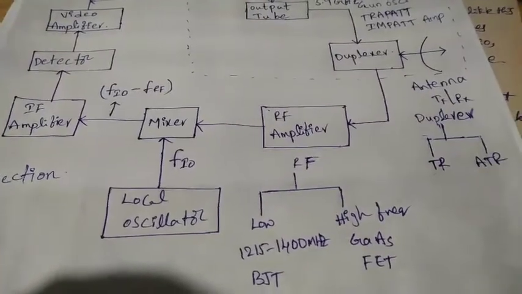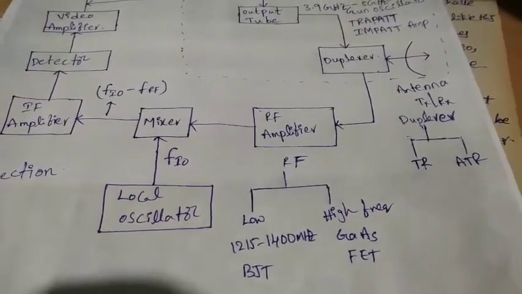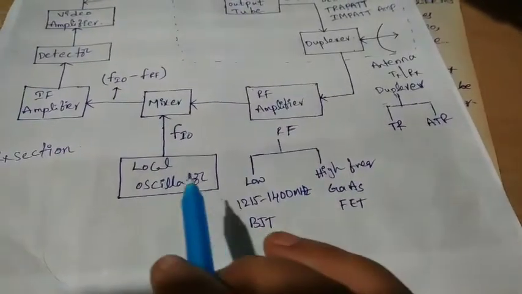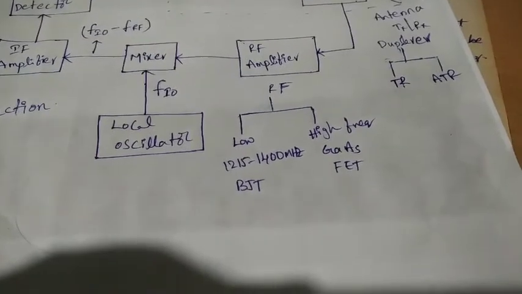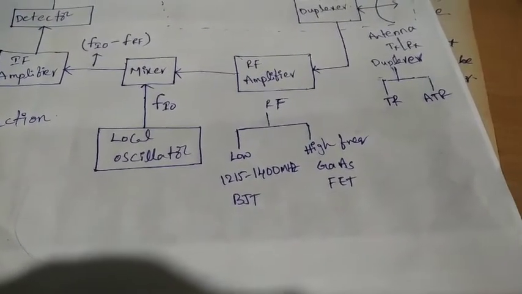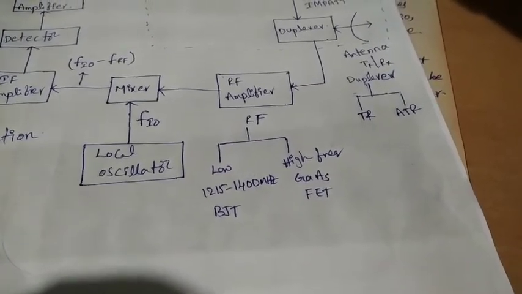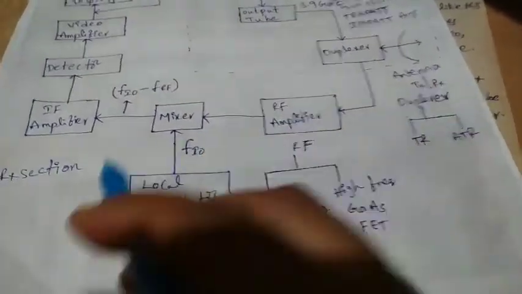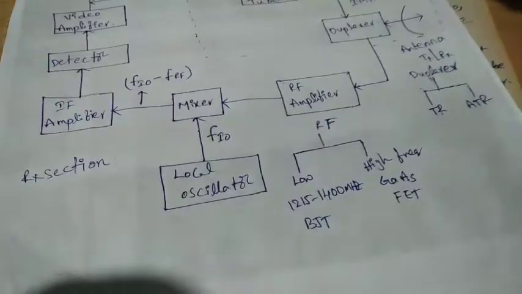The output from the RF amplifier is first given to the mixer circuit. One more input to the mixer circuit is the local oscillator. The output of the mixer converts the radio frequency into the intermediate frequency, which is fed to the intermediate frequency amplifier.